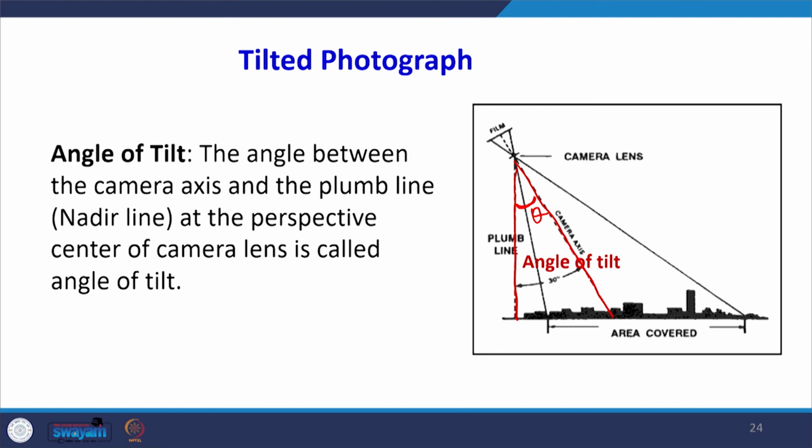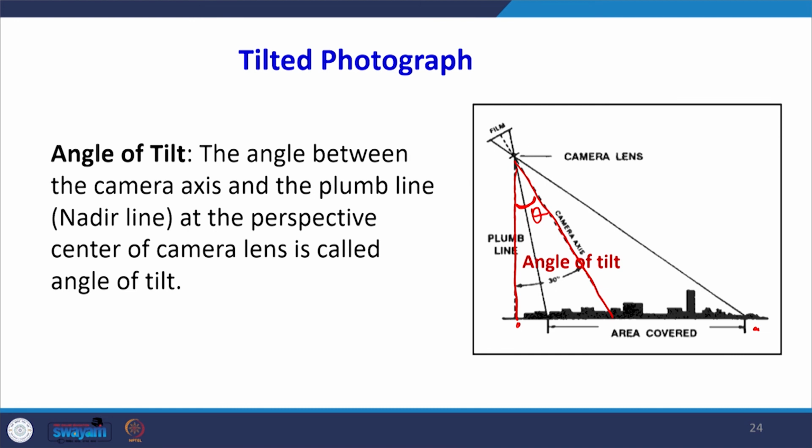Now, tilted photographs will have the shortest ray travelling from the plumb line and the longest ray travelling from the farthest point. So, this will cover a much larger area, but distortions would be present in this particular photograph as compared to the vertical photograph.